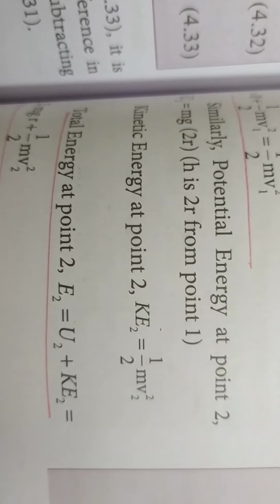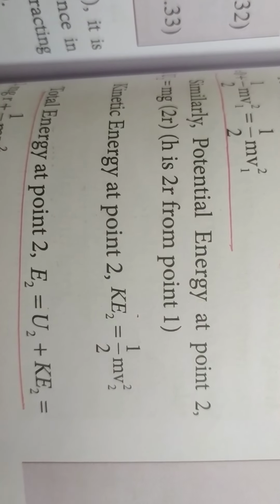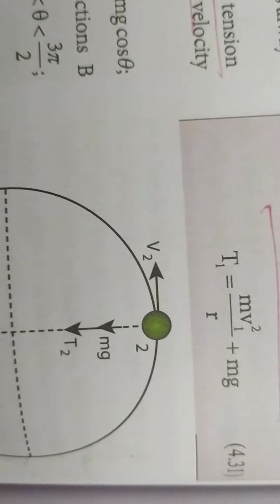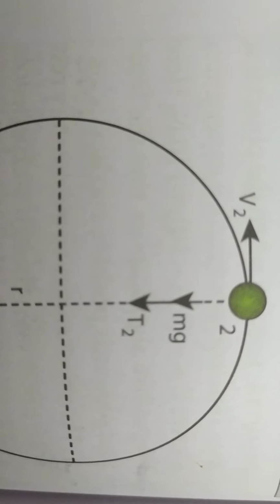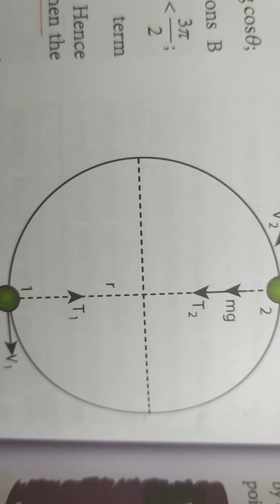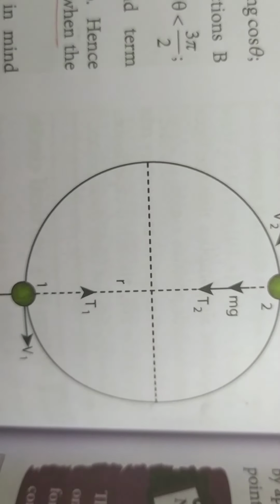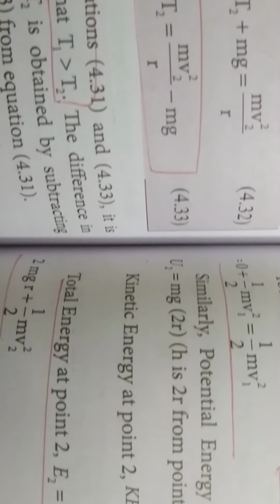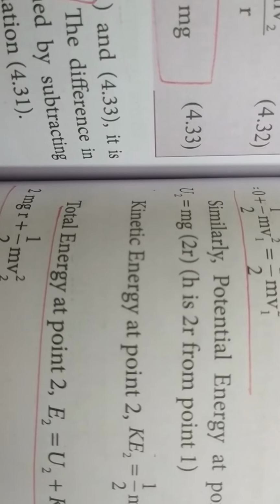But at the highest point, the potential energy is mg into 2r, because potential energy is mgh, and here the height is 2r, since the distance from the lowest point to the highest point is 2r. So instead of h, you substitute 2r.